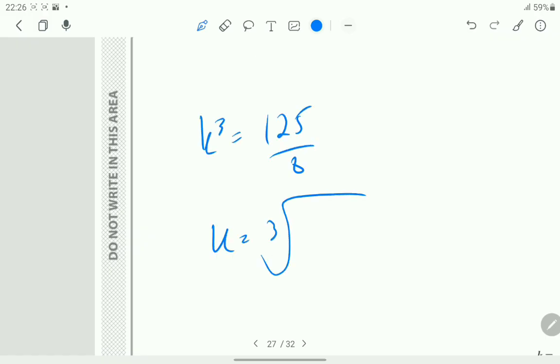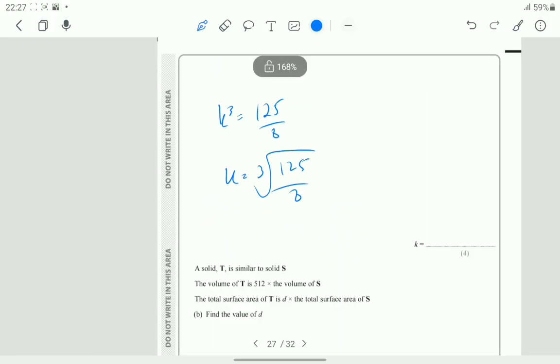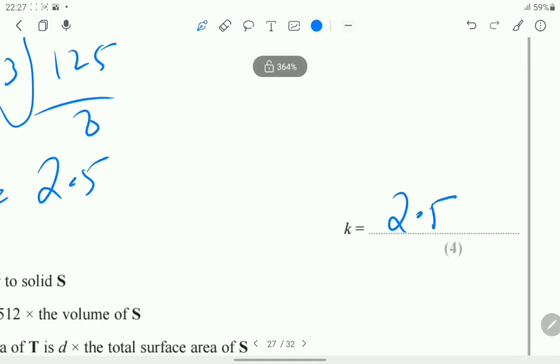Taking it on to the next page, k cube equals 125 by 8, k would be the cube root of 125 by 8, and k is equal to 2.5. Voila.